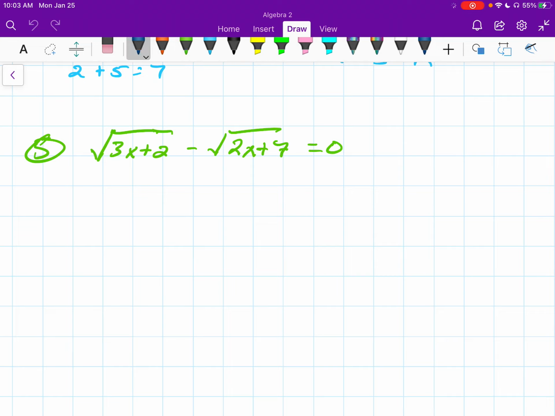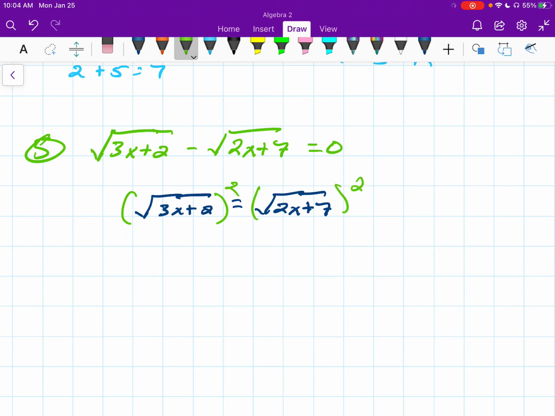So I'm going to add my negative root to the other side, so then I'll have root 3x plus 2 equals root 2x plus 7. I'm going to square both of these to get rid of my roots. So I'll have 3x plus 2 is 2x plus 7, so x is 5.